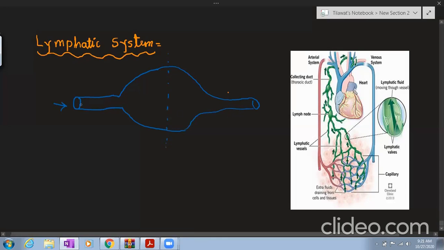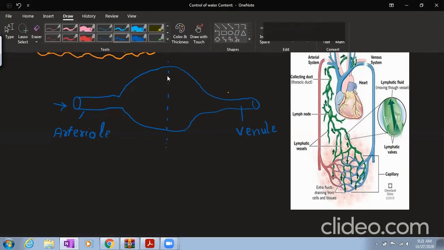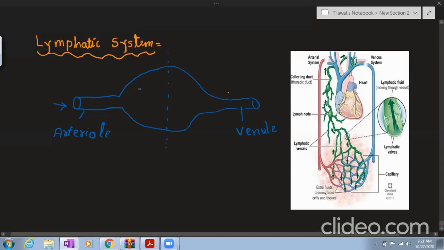You can see here, this part I will label arteriole, and this part I will label venule. And these are capillaries.